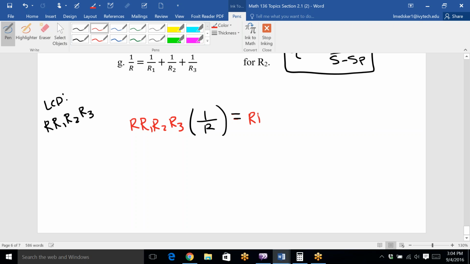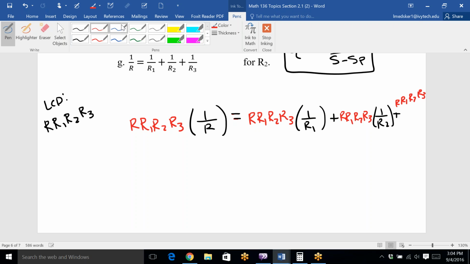Then I would have R, R1, R2, R3 times 1 over R1 plus R, R1, R2, R3 times 1 over R2. And then finally plus one more round of R, R1, R2, R3 times 1 over R3.